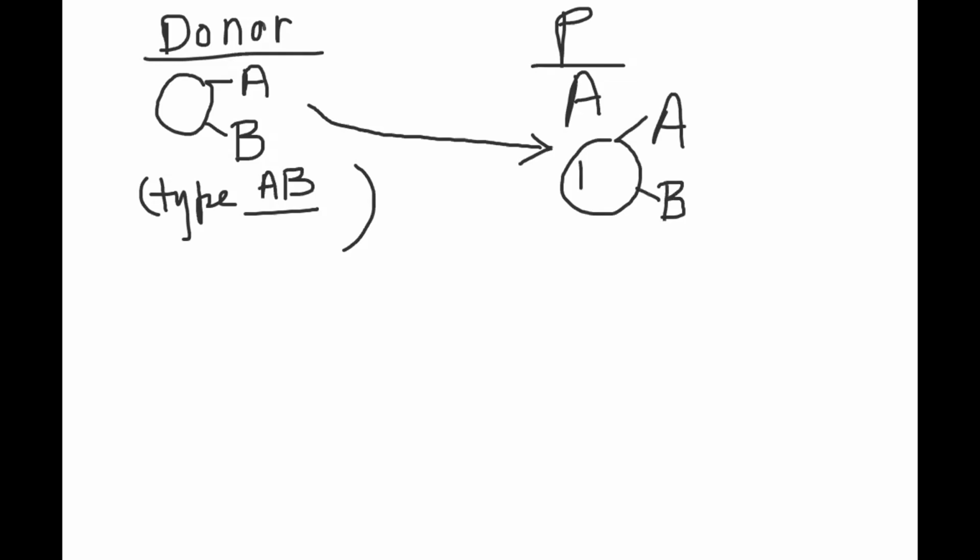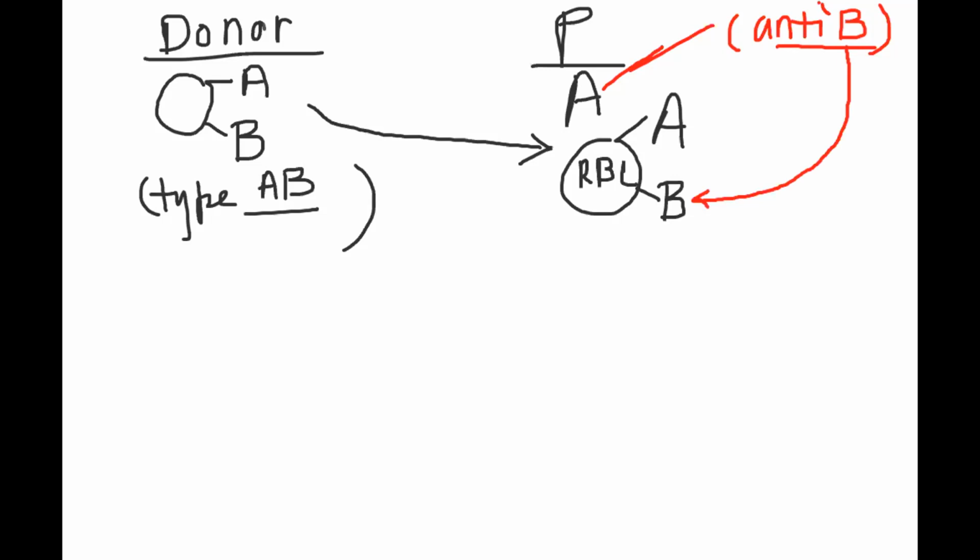This RBC has both antigen A and antigen B. We also know this patient with type A blood is going to have anti-B antibodies in his plasma. A specific antibody reacts with a specific antigen, so is there going to be a reaction here? Yes, and that will destroy all these donated RBCs. So it's not going to work.